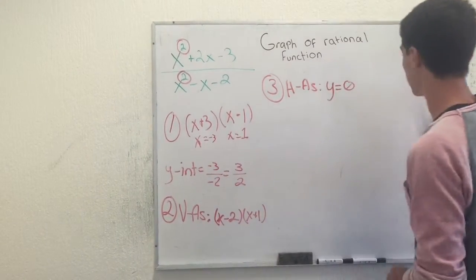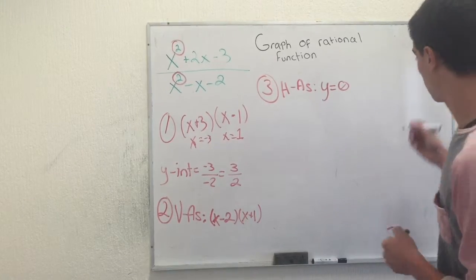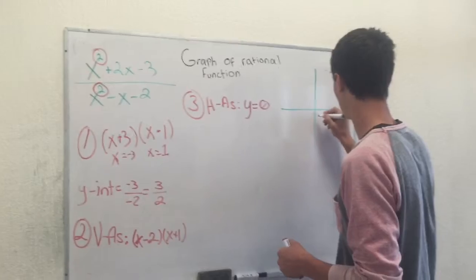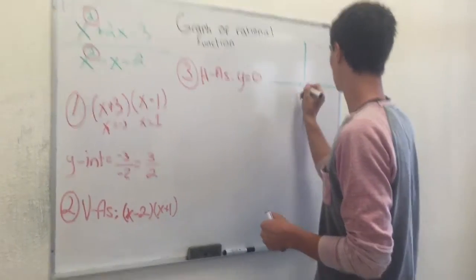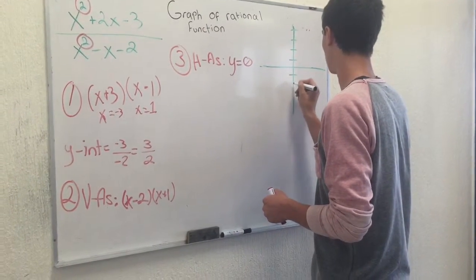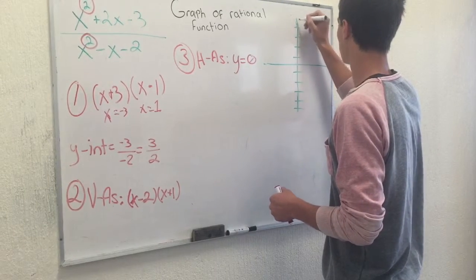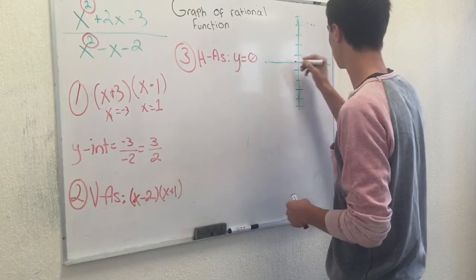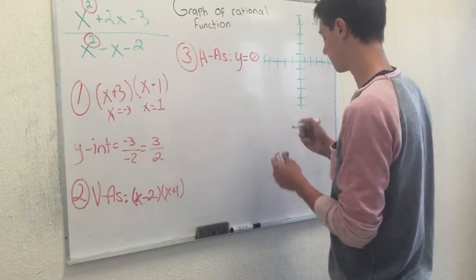Then we can start sketching the graph. So the final part is gonna be easier for us to complete. Counting the grid squares: 1, 2, 3, 4, 5.